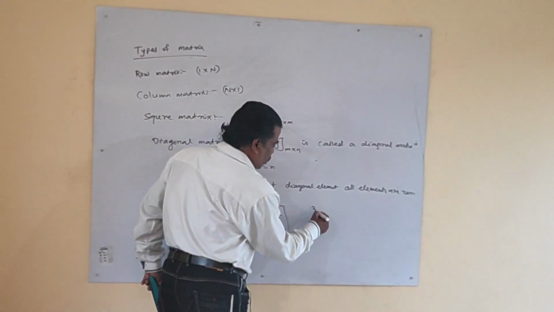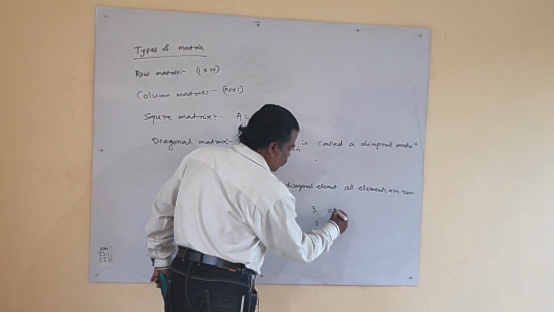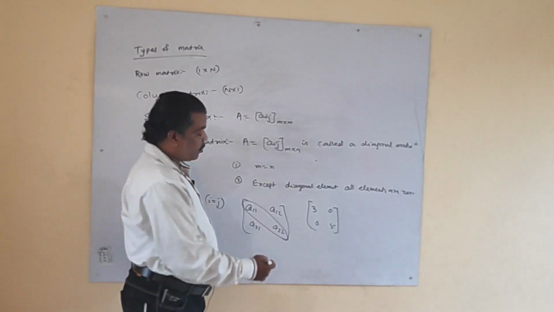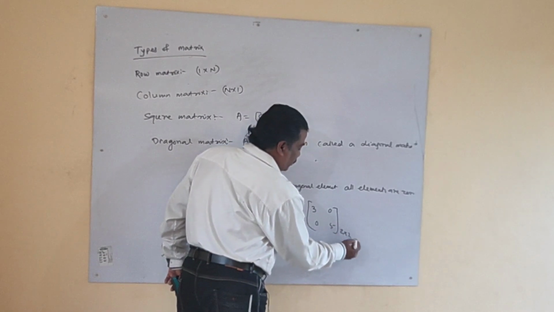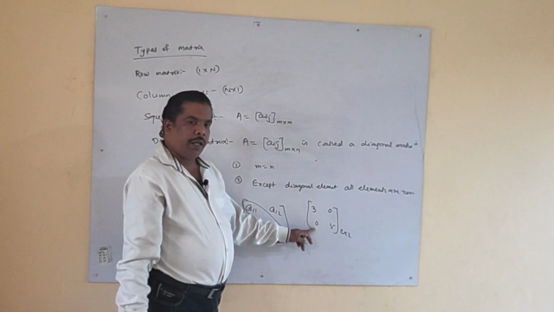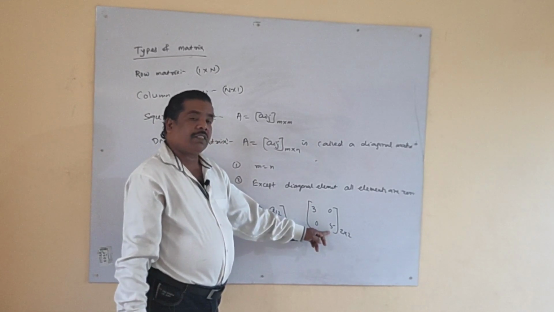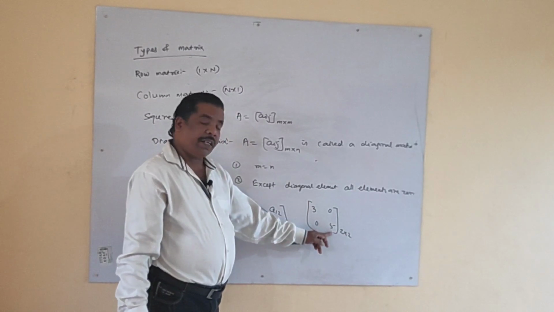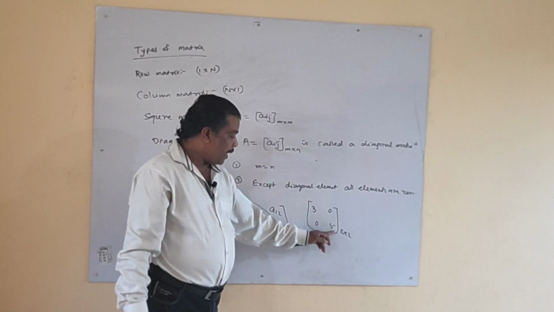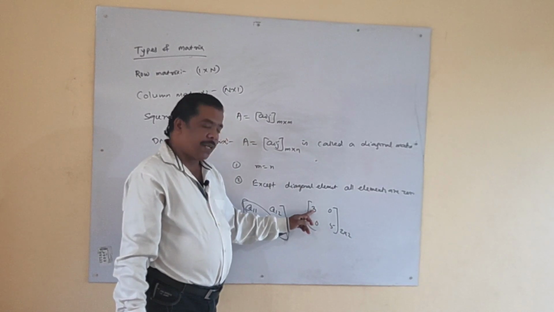Example: 3, 0, 0, 5. It is called a diagonal matrix. Here it is a square matrix. The number of rows is equal to the number of columns. It possesses 2 rows and 2 columns. Except the diagonal elements, all entries are 0. These are the diagonal elements. One is present in the first row, first column.